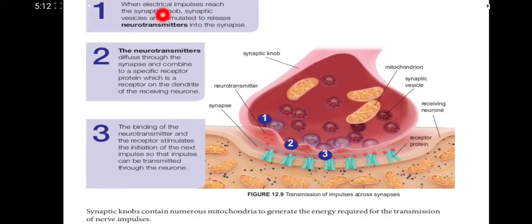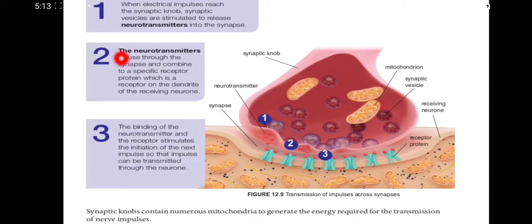When the electrical impulses reach the synaptic knob, synaptic vesicles are stimulated. Di sini synaptic vesicle, dia stimulated to release the neurotransmitter into the synapse. Neurotransmitter di sini adalah electrical impulses yang sudah bertukar kepada chemical. So neurotransmitter released by the synaptic vesicle to the synapse.